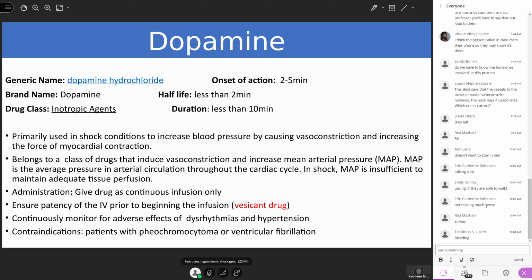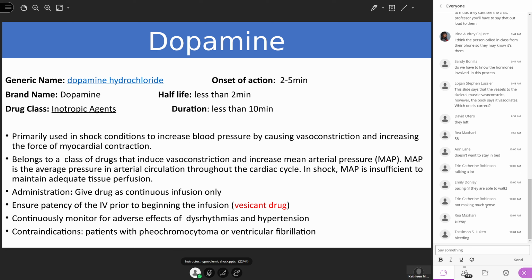The thing I would want you to know about this, and I highlighted it, is that it's a vesicant drug. When you hang a vesicant drug, it can burn the site, so make sure that you're assessing and flushing that IV site first. You should always know the contraindications of a drug before you give it to a patient, so if the patient has a tumor or ventricular fibrillation.